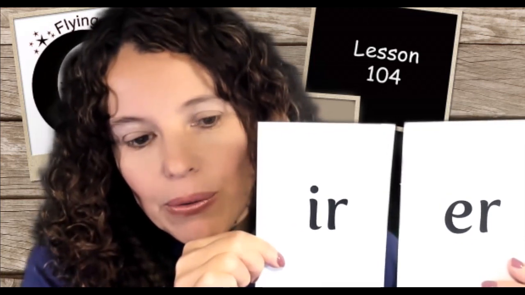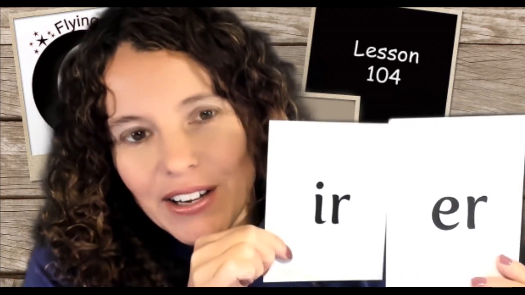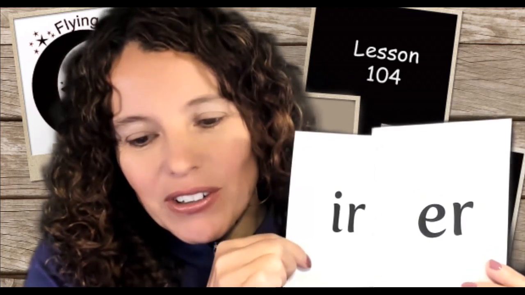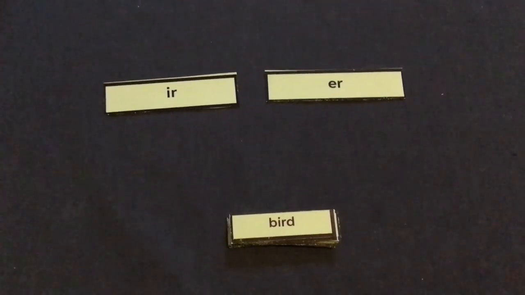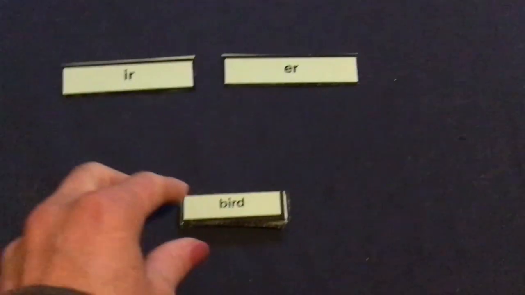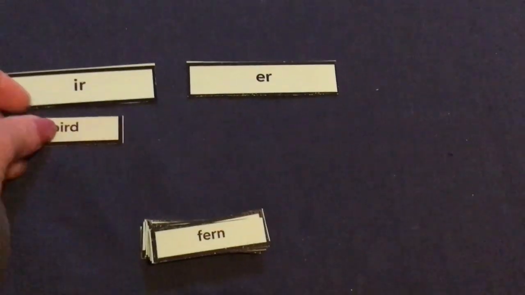So how do we know whether a word is going to use ER or IR? That's tricky, isn't it? There's a lot of words that use ER, a lot of words that use IR. So what we're going to do is we're going to do a sort. And you're going to read a word on the card and then sort it under the correct heading. Is it ER or IR?